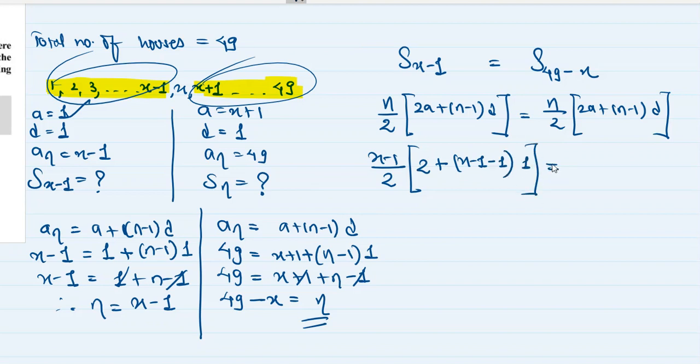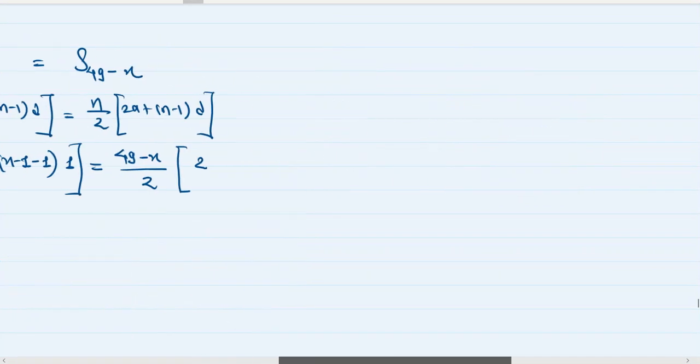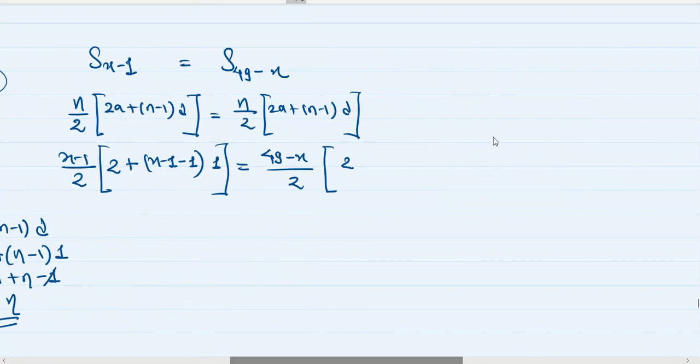is equal to, please don't get confused in this because you're very near to the final answer. The value of n is 49 minus x divided by 2 bracket 2a. a is x plus 1. Yes, it is for the second AP.